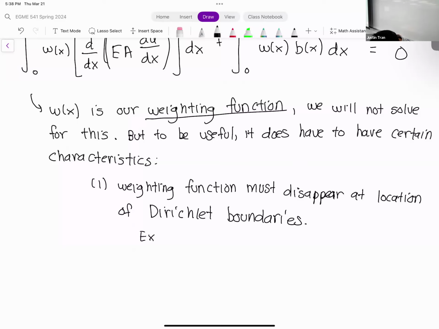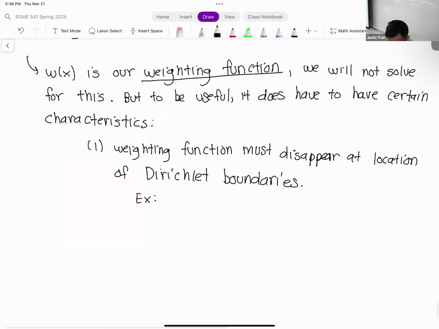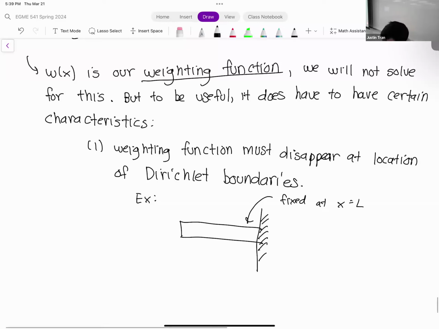So for example, the geometry that we're working with in this problem looks like this, right? We have a rod here. It's fixed to the wall at x is equal to L. So what that tells us is that u of L is equal to 0.